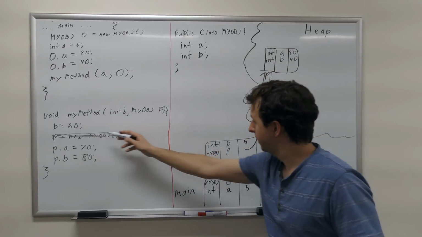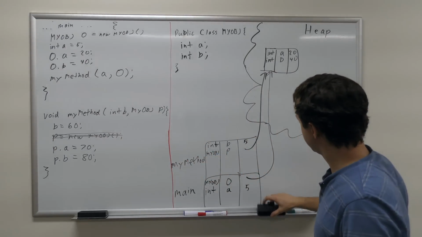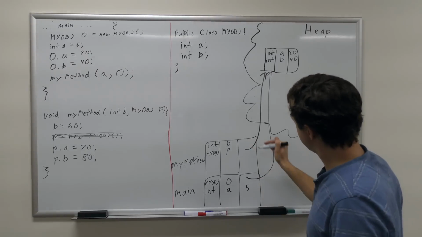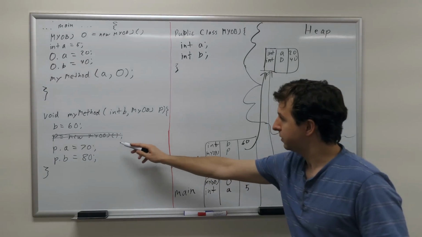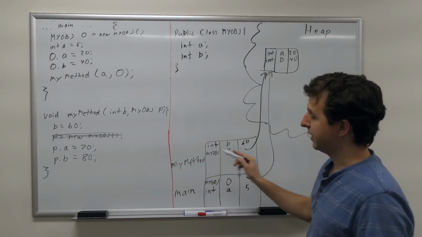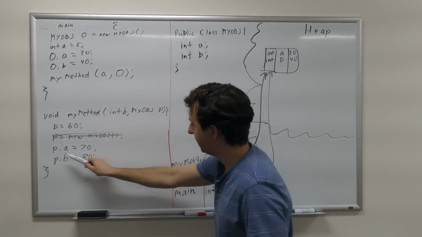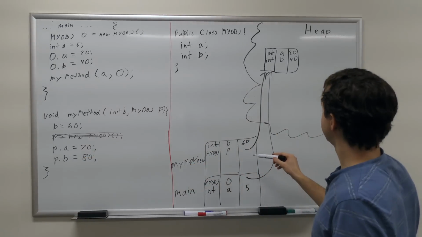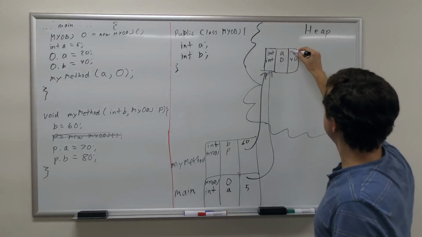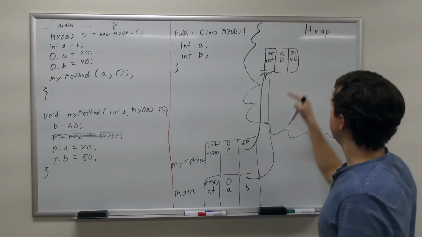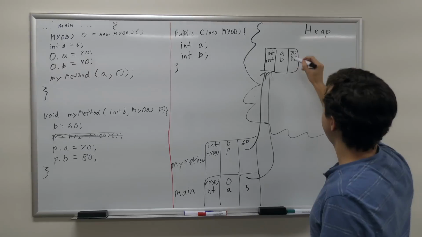First thing we do, set b to 60. And now we don't set p to a new myObject. Instead, we set p.a equal to 70. And p.b is equal to 80.